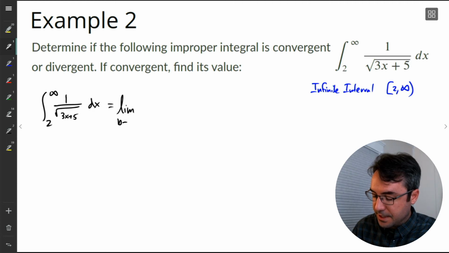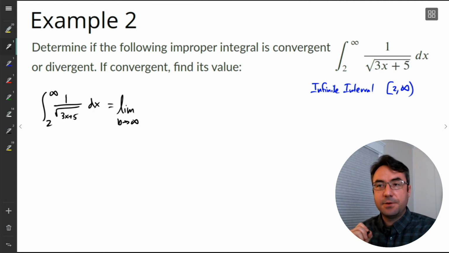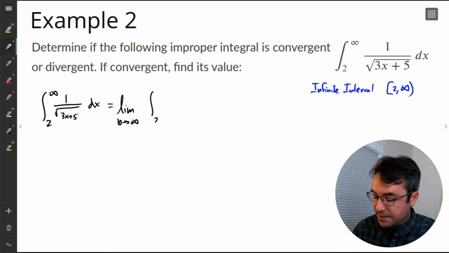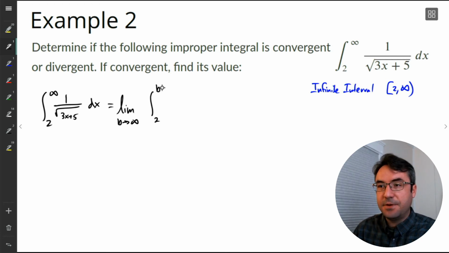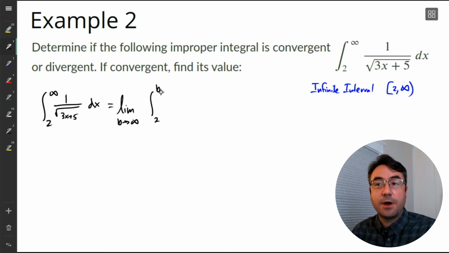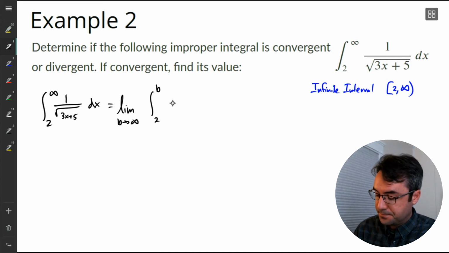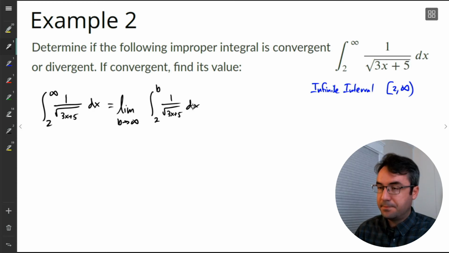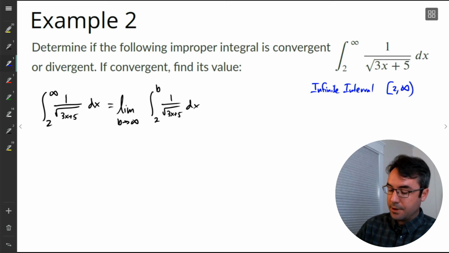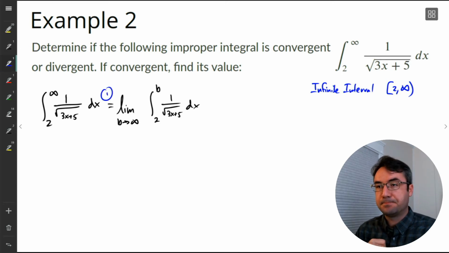So we're going to write this as the limit as b goes to infinity, and we're replacing that upper limit, instead of infinity there, we're replacing it with a number now. It's actually a number, b. Very first step: rewrite your improper integral as a limit.